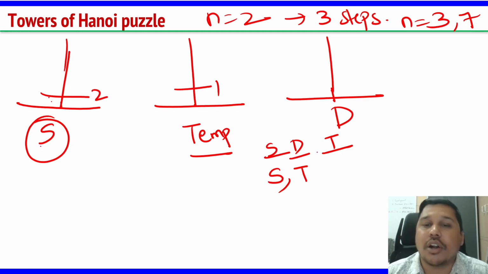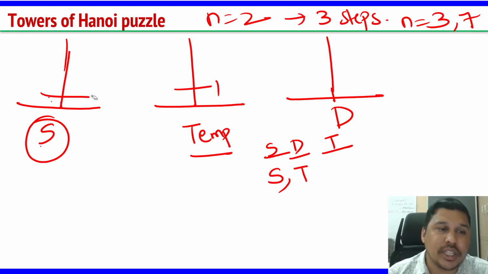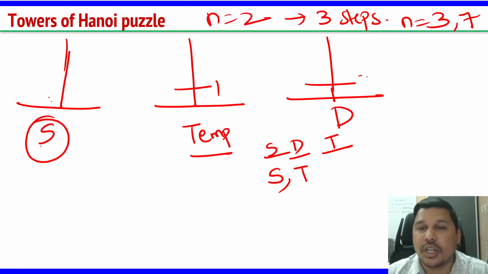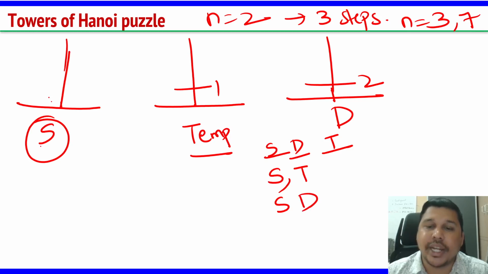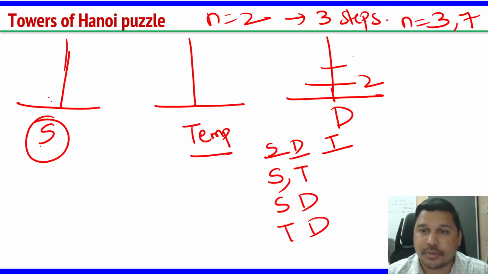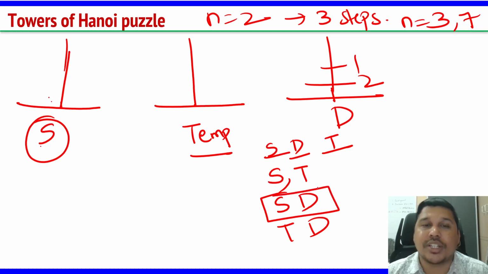Here we are not using anything, we are moving 1 from source to this location. Next you are moving this 2 from source to destination. So S to D. Next, I am not using any temporary here, just moving. Then you are moving from temporary to destination, from here to here. No, sorry, 1. Right.